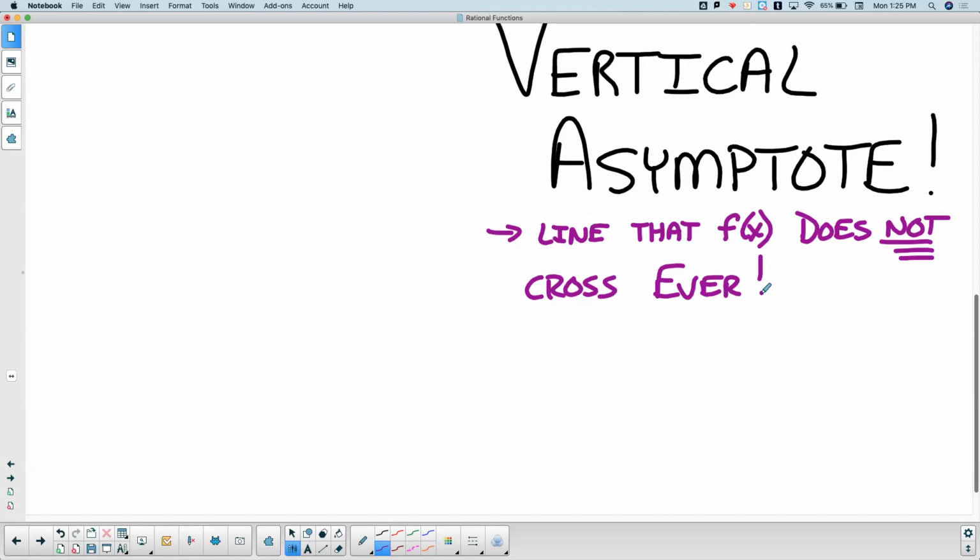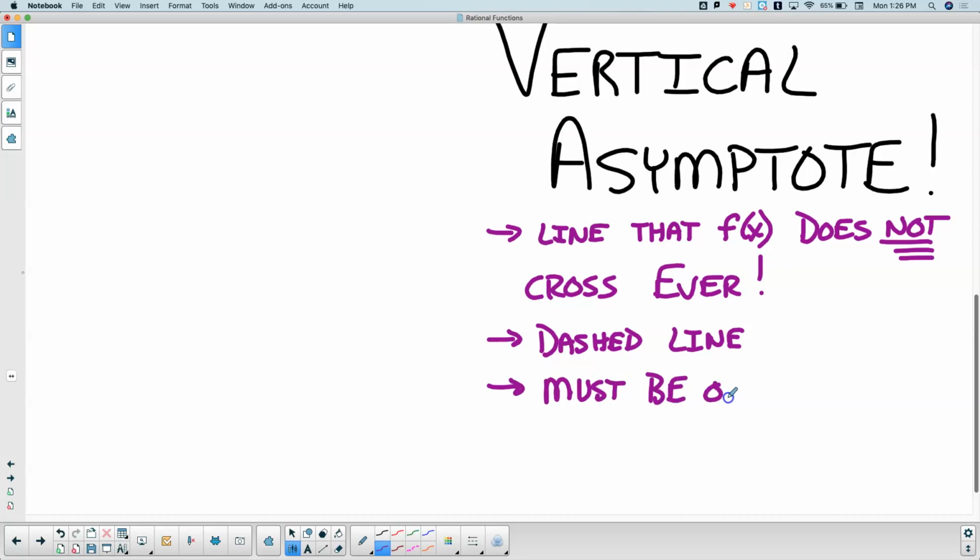When we do put it on a graph, we're going to put it on our graph as a dashed line. We're going to get to that on Thursday. We're going to start graphing on Thursday. On Thursday, if we have a vertical asymptote, they must be on the graph. We don't get to not put them on the graph. They have to be. They're part of the function.